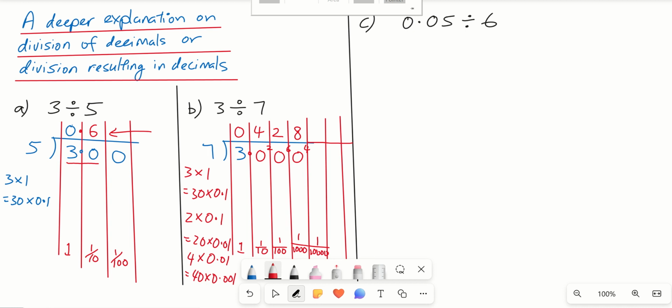Oh, well, I actually missed out that step earlier on, but it's okay. So I end up with 40 units of 1 out of 10,000, and I have 5 7s going into 40, which gives me a remainder of 5. I'll repeat the process here. I have 7 7s going into 50, which gives us a remainder of 1, which I'll combine with the next 0. And I know that 1 7 goes into 10, which gives me a remainder of 3.